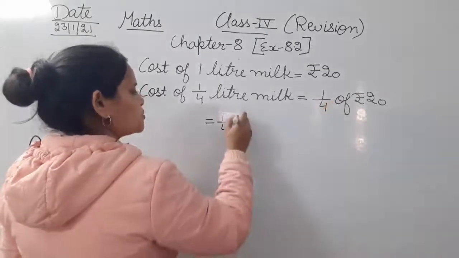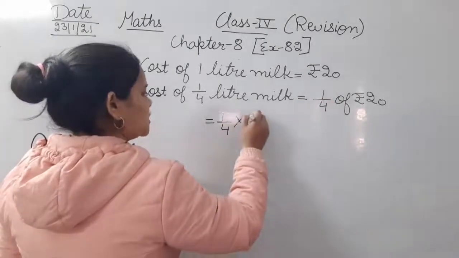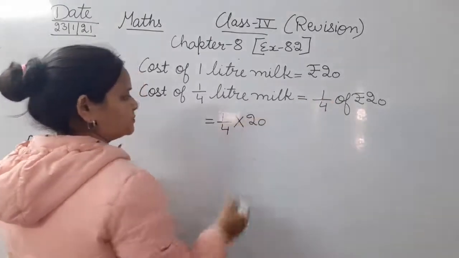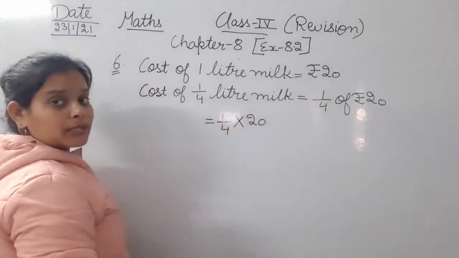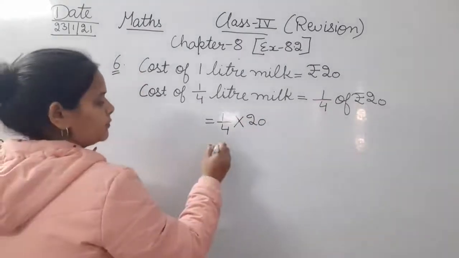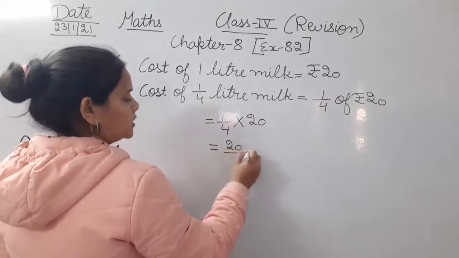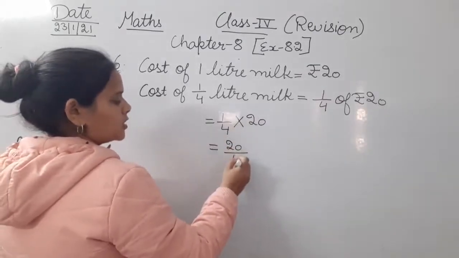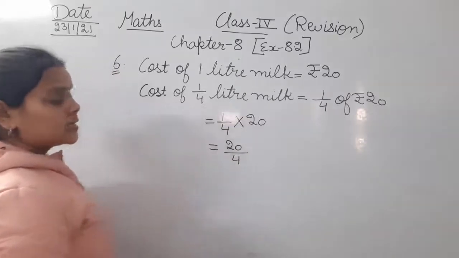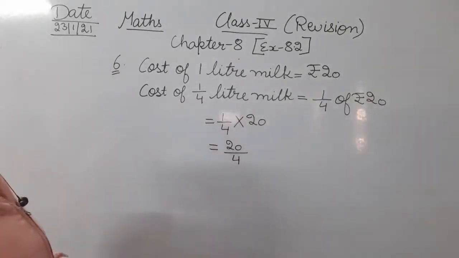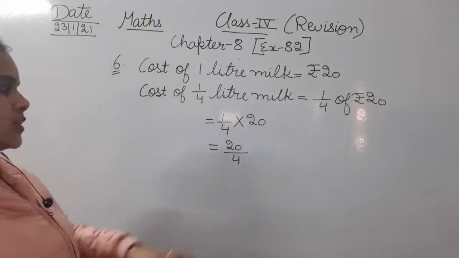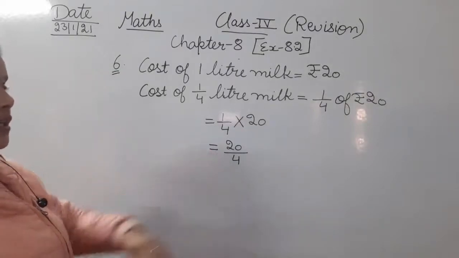Of will change into sign of multiplication. 20 rupees, that is here. So 1/4 multiply by 20. 1 multiply by 20 is 20. Denominator is 4. That is 20/4. Now next we have to divide this 20 with 4.